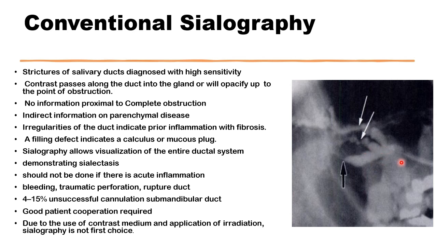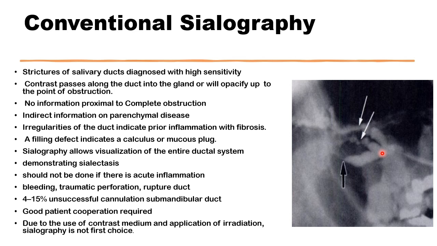It should not be used during an acute inflammatory episode, as this may push the inflammatory exudate further into the gland itself. It also can cause bleeding during the cannulation or even trauma to the papilla or the ducts, and sometimes rupture of the duct if undue pressure is used to push the dye into it.